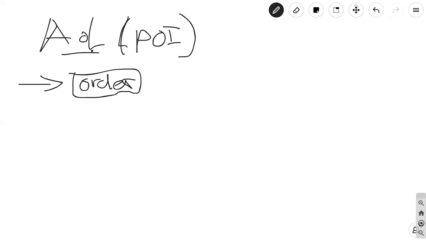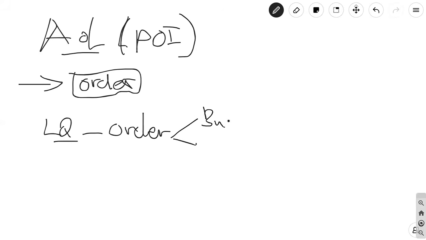Now, when we say liquidity, I already said that this is orders. And what are these orders? Simply buy orders or sell orders. And these orders can be in the form of limit orders.